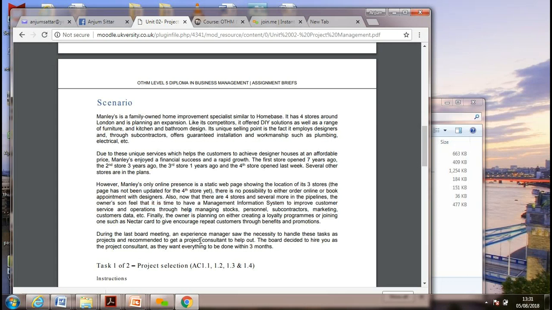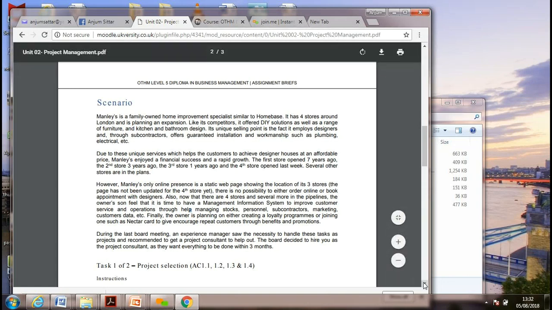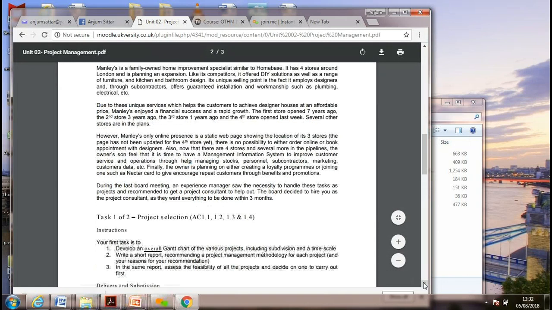During the last meeting, the experienced managers saw the necessity to handle these tasks and recommended getting a project consultant to help. The board decided to hire you as a consultant. So you are a consultant, you look at how much research you can do, and you can recommend some methods.